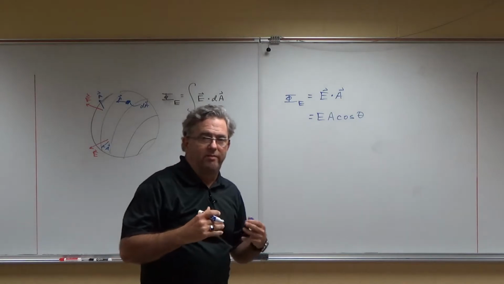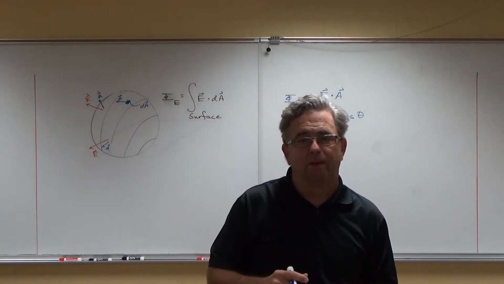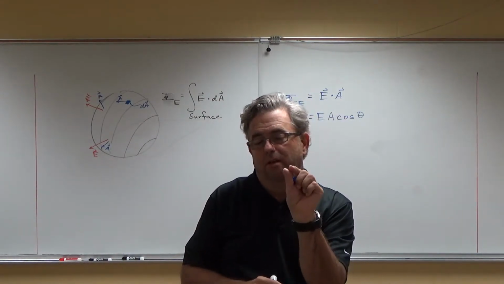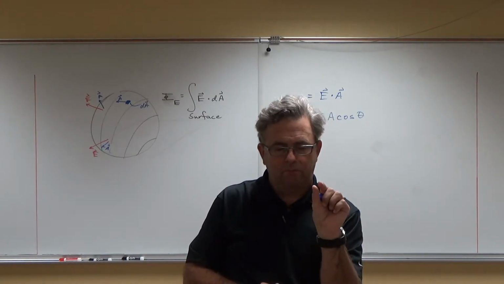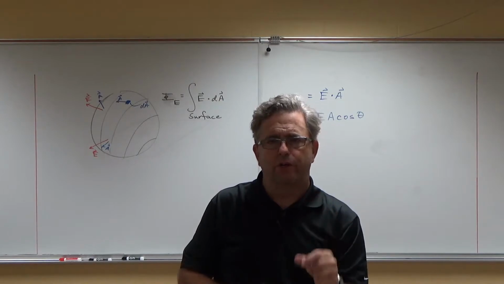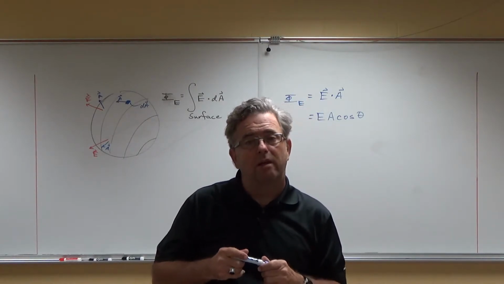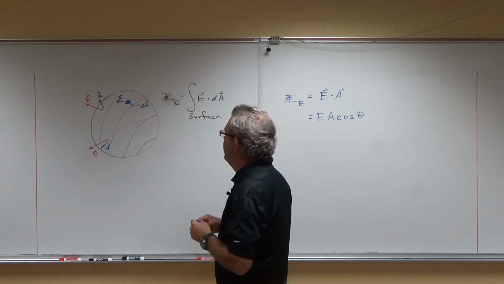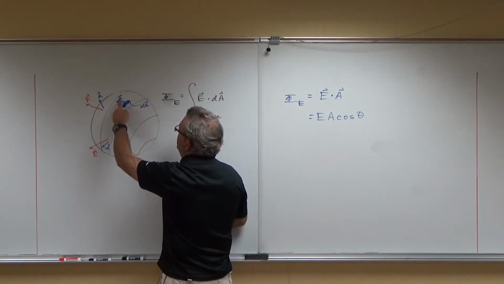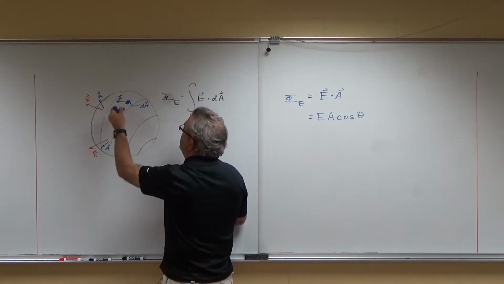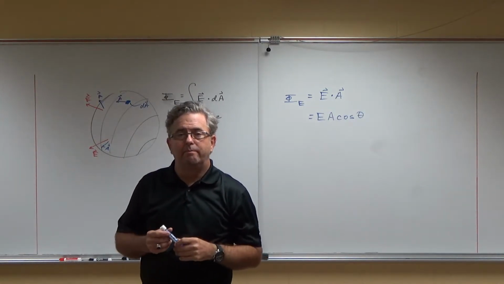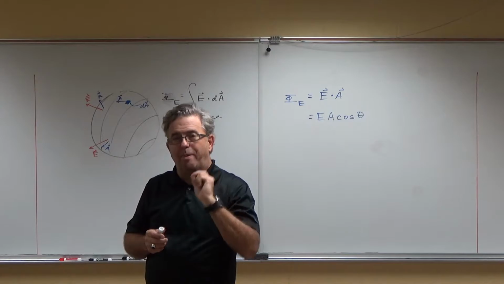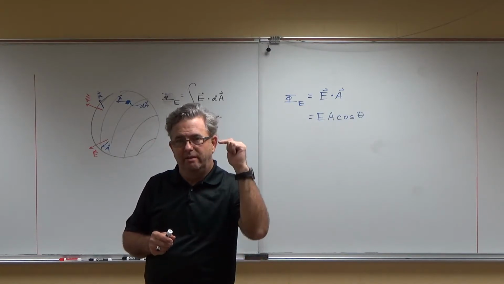You can think of it as delta A. It's a small little region, and at least locally, this little area vector here is perpendicular to that little patch of area.